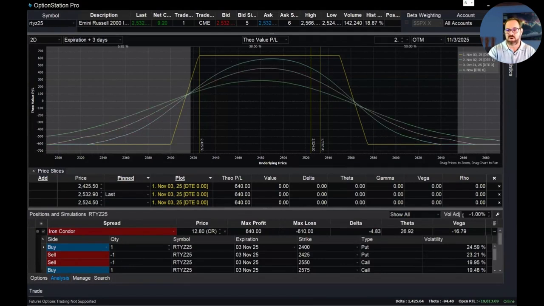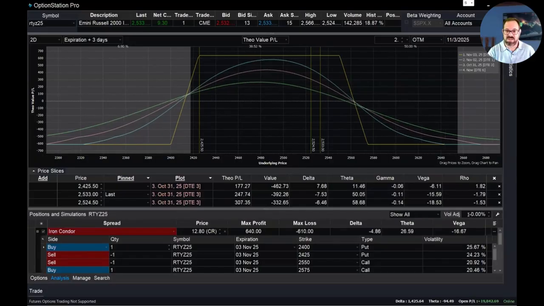If I do 1% volatility adjustment, now that's at expiration. Obviously, I'm going to collect everything, but looking at it from, let's say, Monday, or no, sorry, that is Thursday, the 31st. With no change to volatility, if we stay where we are now, I have a $247 potential profit at that point from where I got in.